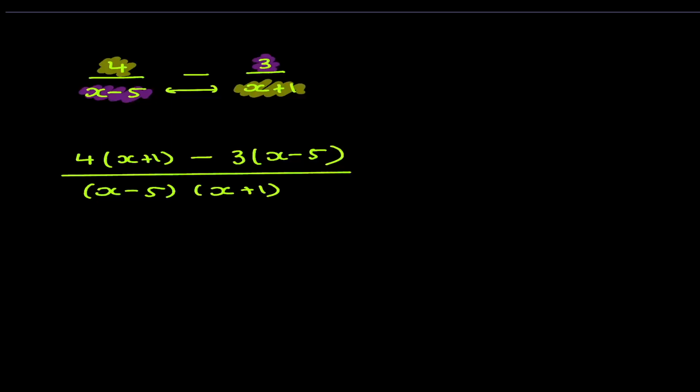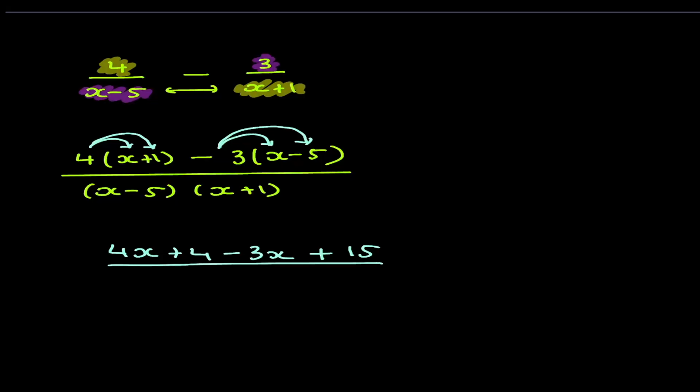Okay, let's simplify my numerator. So that times that first, and then that times that, which just gives me 4x plus 4. This times this, which is negative 3x, and then finally that times that, negative 3 times negative 5, which is plus 15.